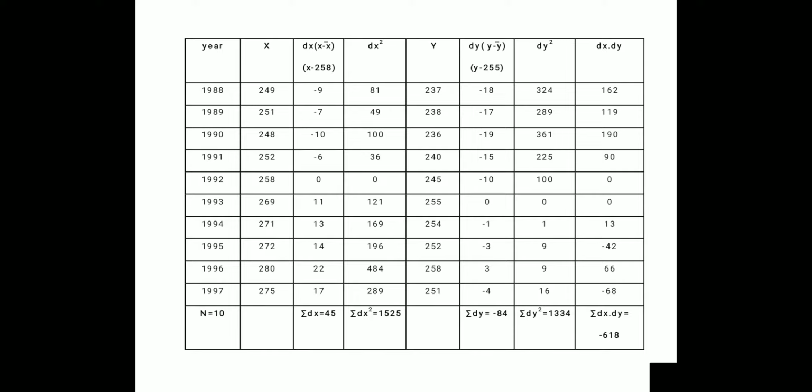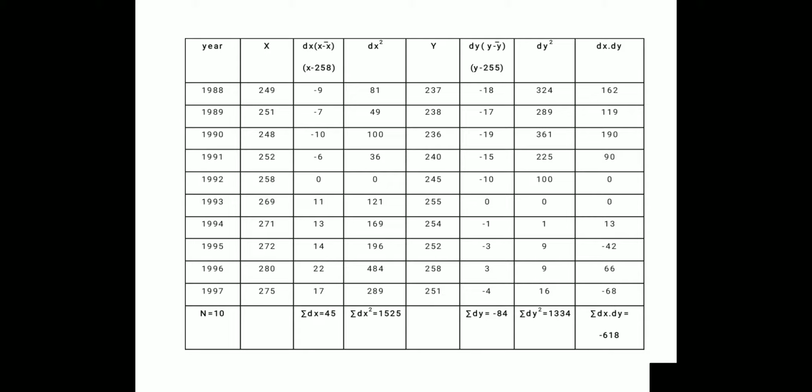In the dx column, dx refers to x minus x bar, and in the assumed mean problem we will be assuming any one value of x and y as the assumed mean. Here we have assumed 258 as the mean of x. So 249 is the value of x, minus 258, which gives us minus 9.